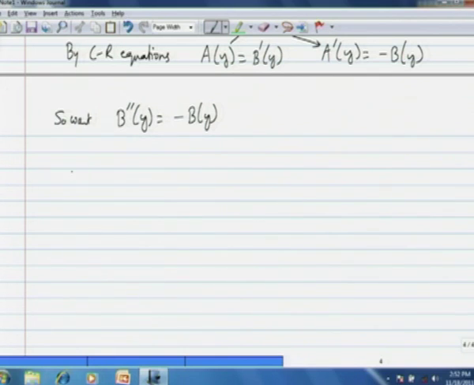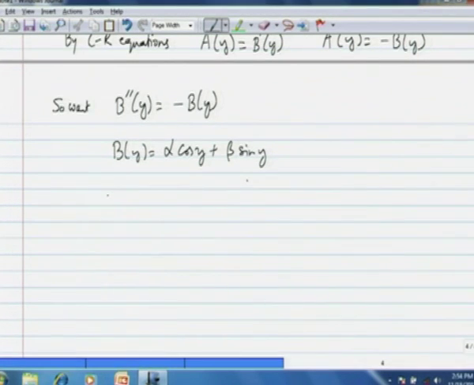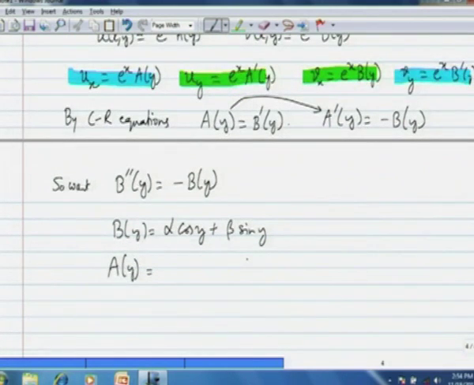So, we would want b of y to be alpha cosine y plus beta sine y. And a of y will be b prime of y by this relation. So, a of y should be minus alpha sine y plus beta cosine y.